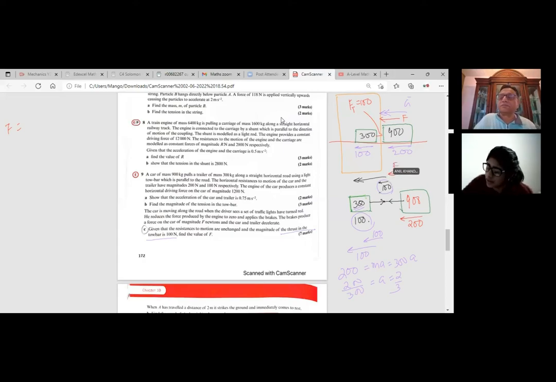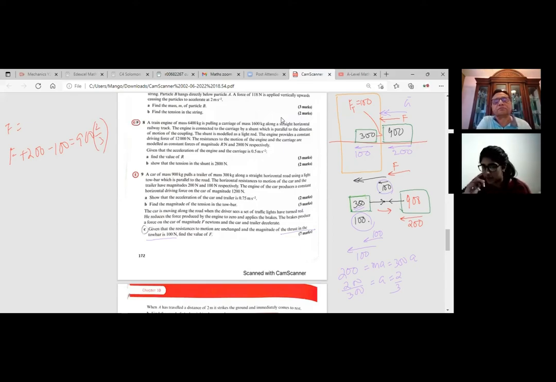Okay. Given that the resistance now the force is acting left, friction is acting F, but this tension which was acting now will now be in the forward direction. So force plus 200 minus 100 is equal to mass of 900 times 2/3 acceleration.